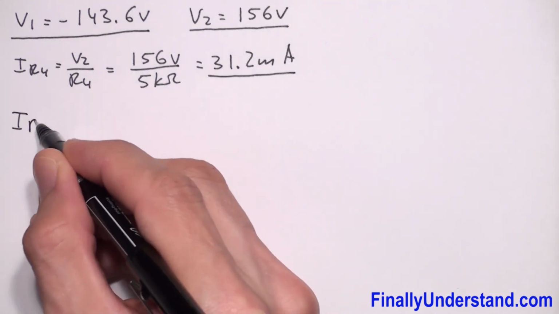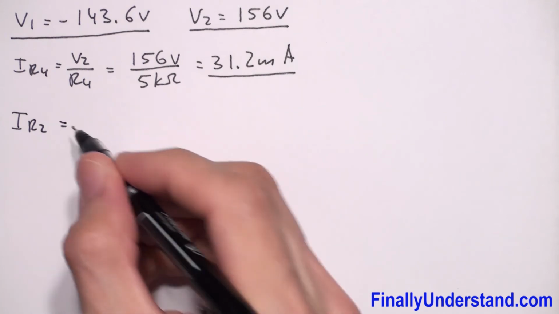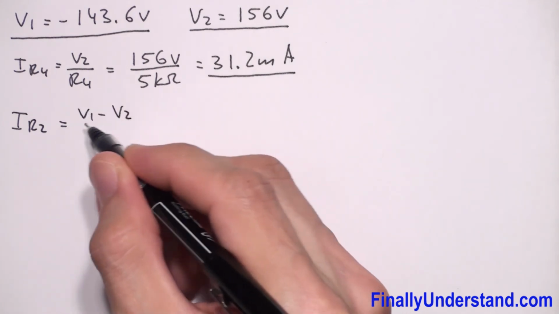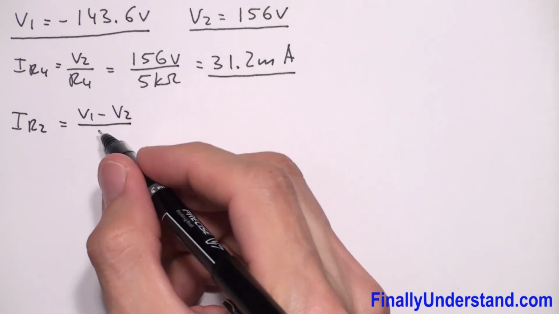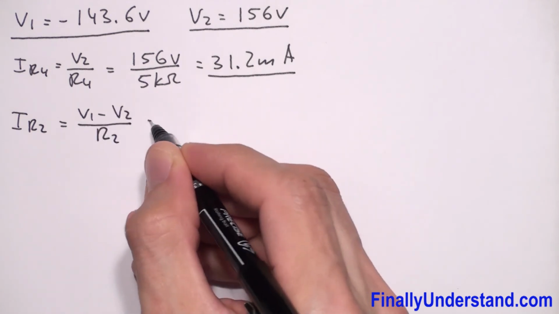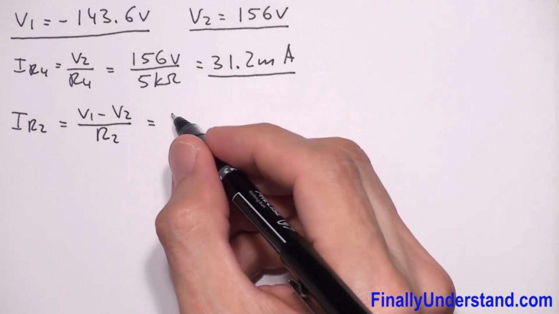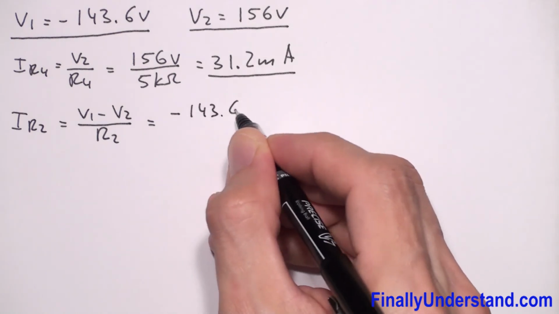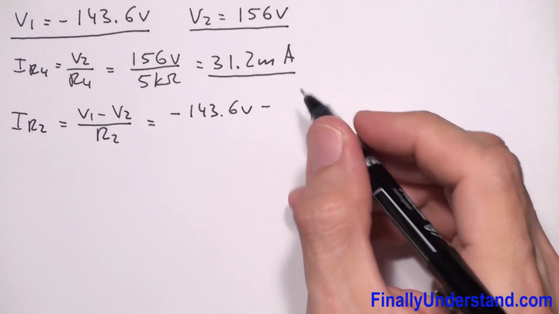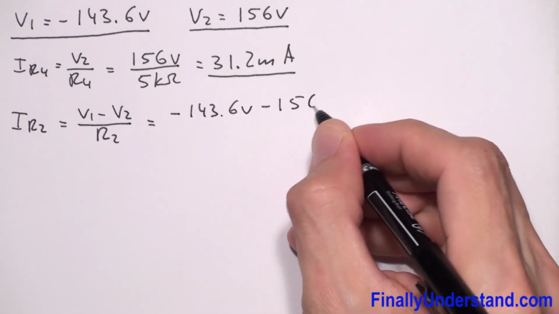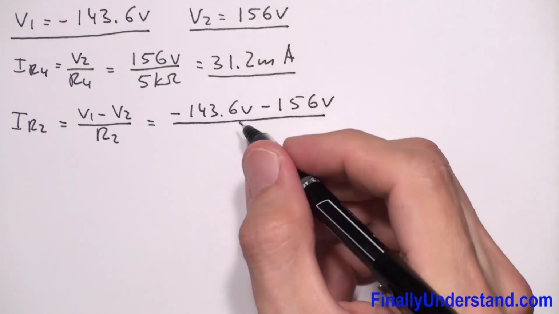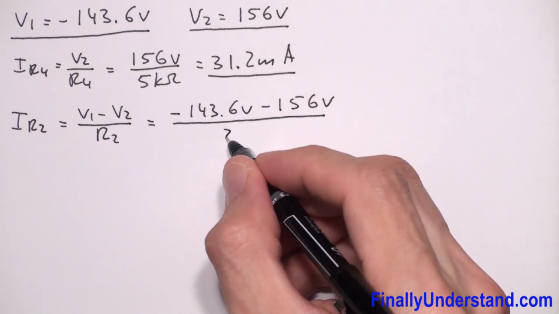IR2 is equal to V1 minus V2 over R2, where V1 we found is equal to negative 143.6 volts minus 156 volts over R2, which has a value of 2 kilo-ohms.